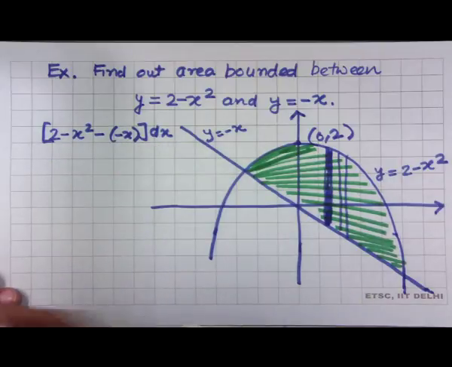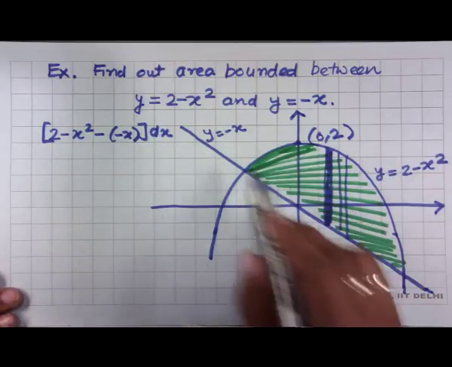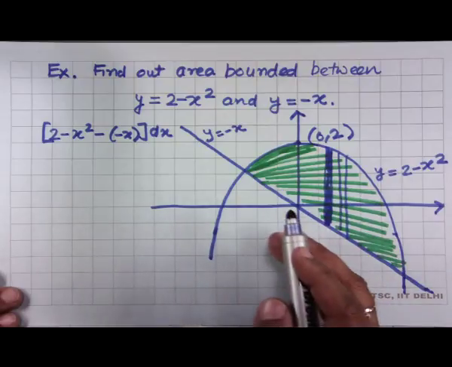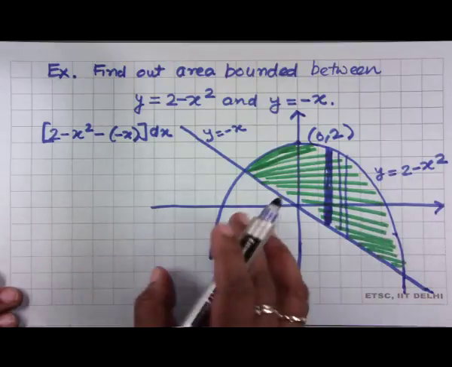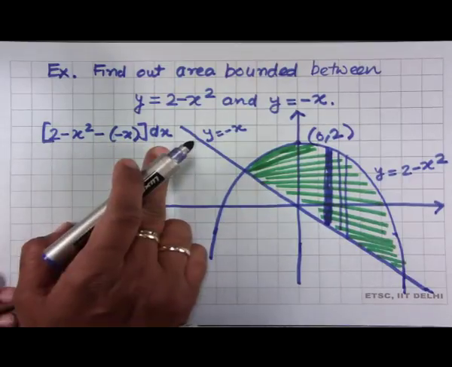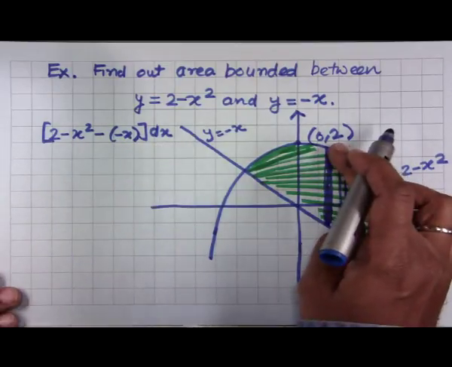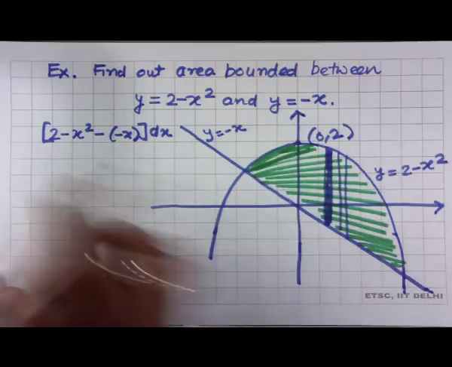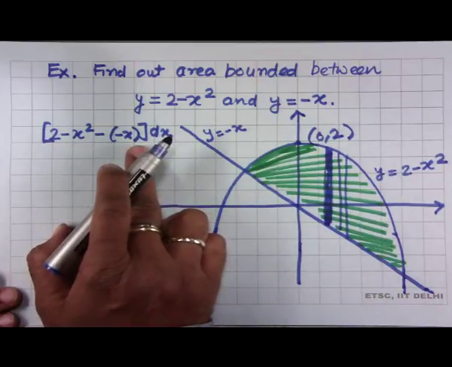You remember the formula where we have taken two curves f(x), g(x) such that f(x) dominates g(x) and the area bounded between them. So, f(x) is 2 minus x square, g(x) is minus x. This is your elementary area.